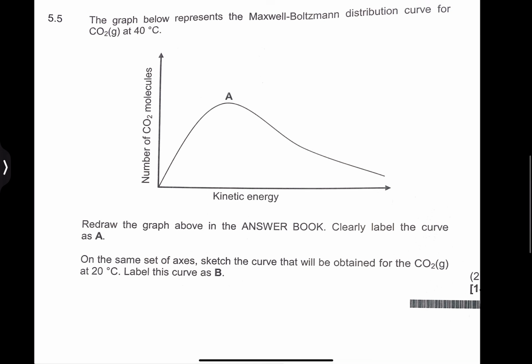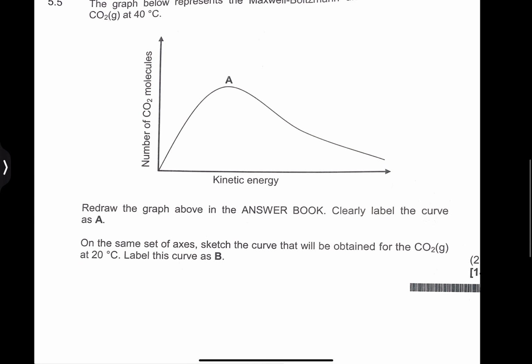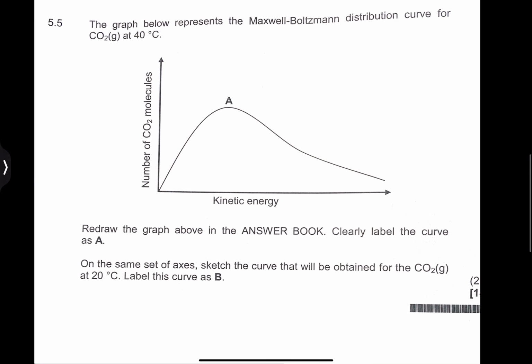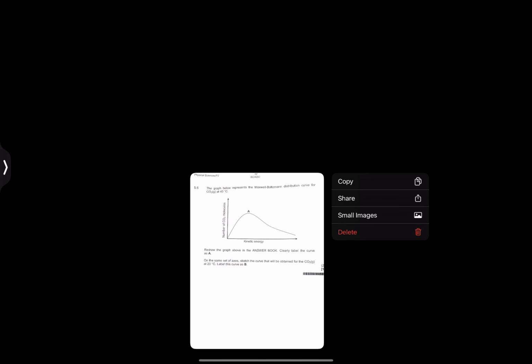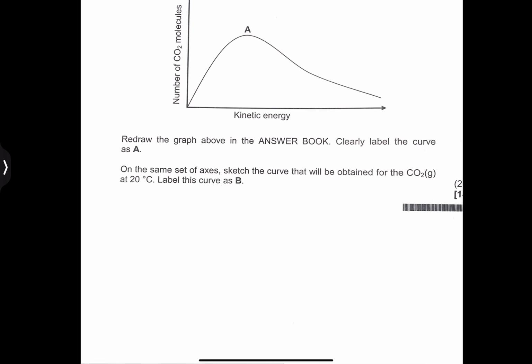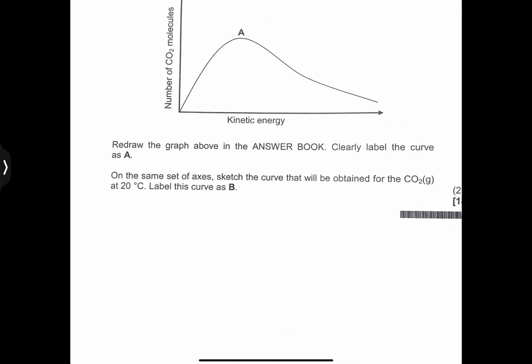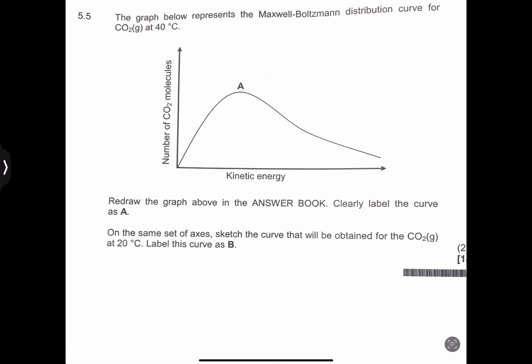Now remember that when we've got a lesser temperature, first of all, we know our distribution will be much higher. In this case, I'm just trying to redraw this. So we know that our distribution will be much higher at lower temperature, and I'm expecting a graph that looks something like this.